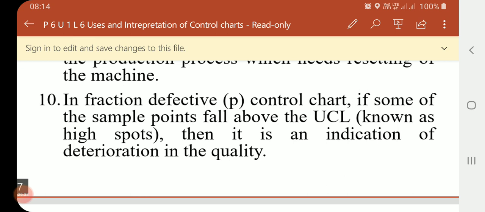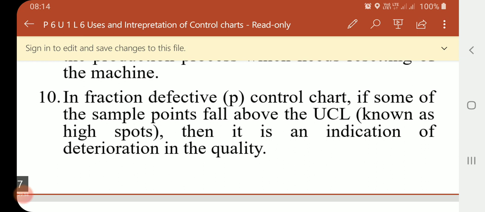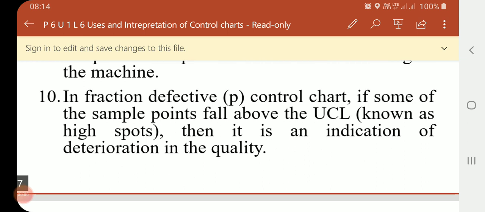Even though we have a certain quality level accepted according to the control charts, which means all the sample points fall within the control limits UCL and LCL, even then we have to observe these things. Quality is going to be deteriorated.